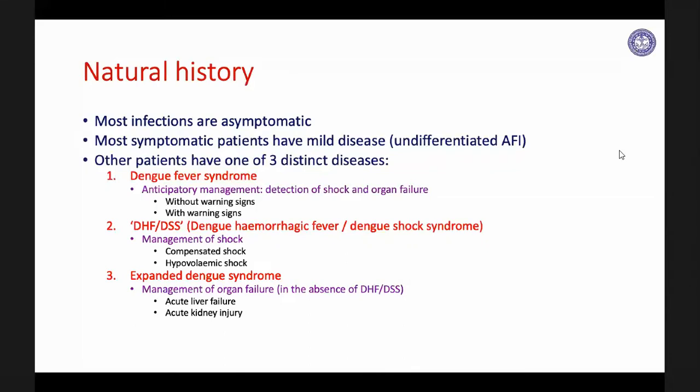DHF-DSS is when there is leakage, and here the important management point is to manage the shock, or management for the prevention of shock. The third syndrome is expanded dengue syndrome, which is basically dengue with an organ failure, such as liver failure or kidney failure, when organ support also becomes very important. And as you can understand, sometimes number 2 and number 3 can happen together.